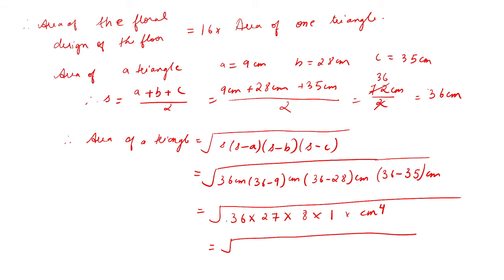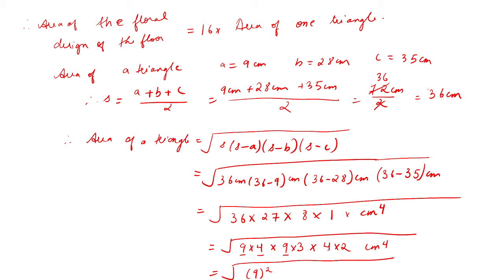Can I write 36 as 9 into 4, and can I write 27 as 9 into 3, and finally can I write 8 as 4 into 2? Clear? Now we'll pair them up. 9 and 9, can I write it as 9 square?